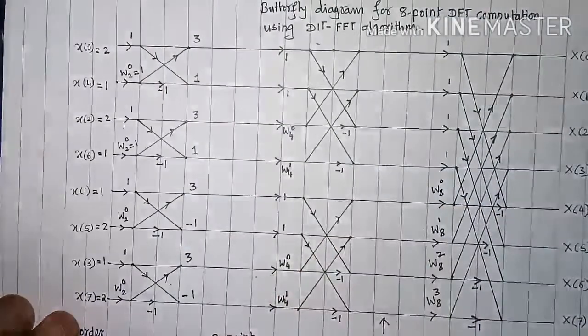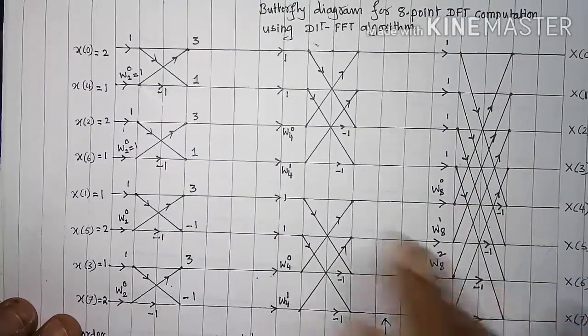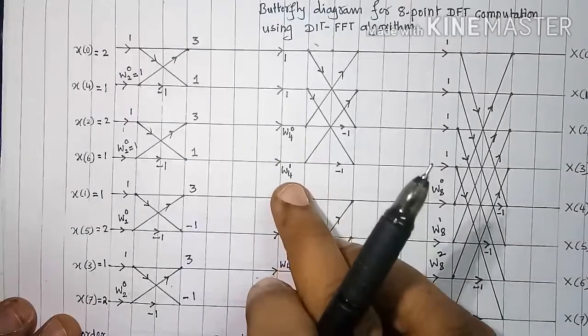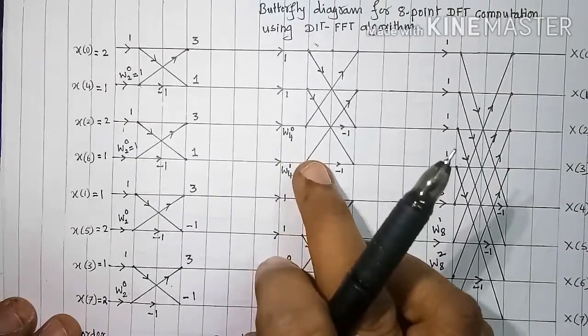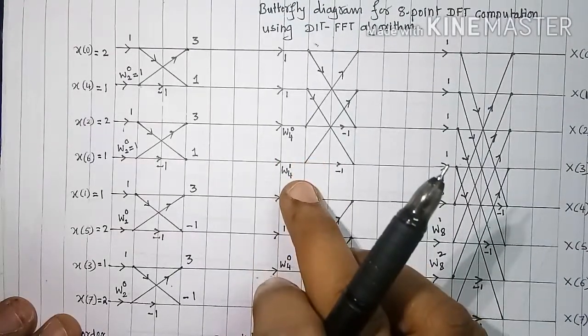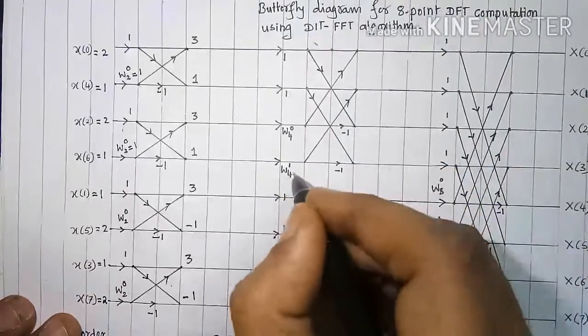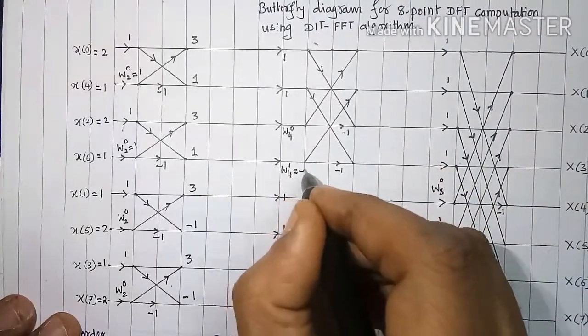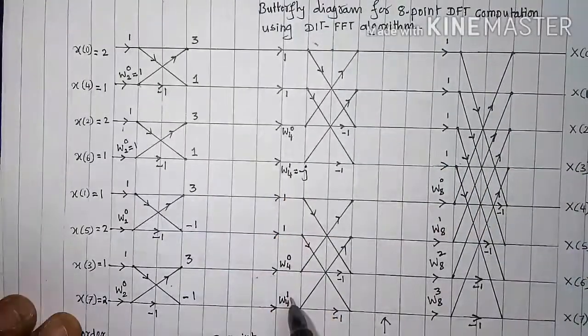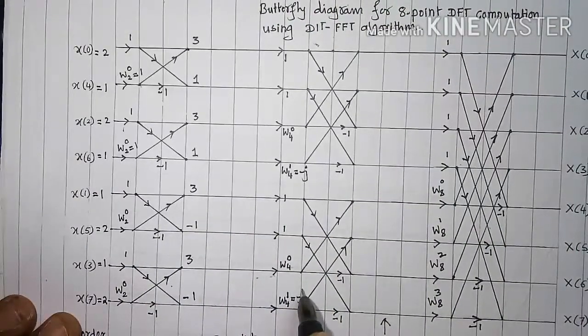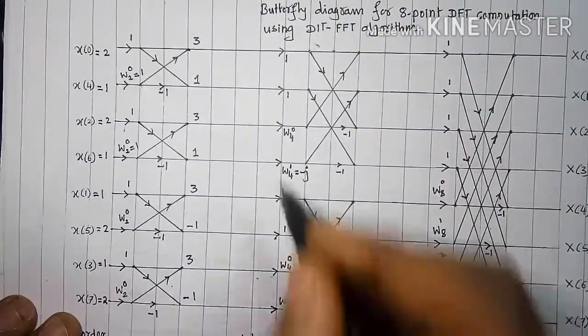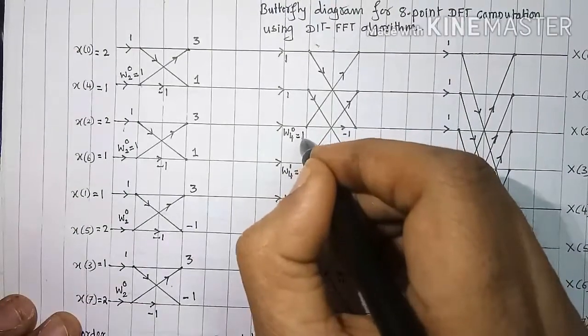W4 raised to 0 is 1. W4 raised to 1 is minus j. This is minus j here, and this is also minus j. W4 raised to 0, 1.